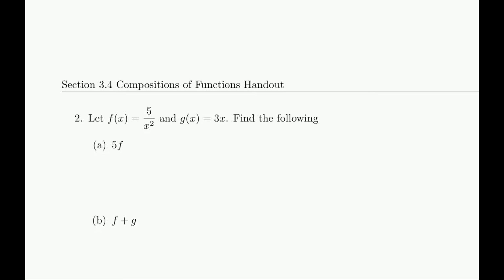So when we say 5f, what we mean is 5 times the function f, and the function f is here, 5 over x squared. So we just write 5 and then 5 over x squared. Now notice that I put parentheses around the function.